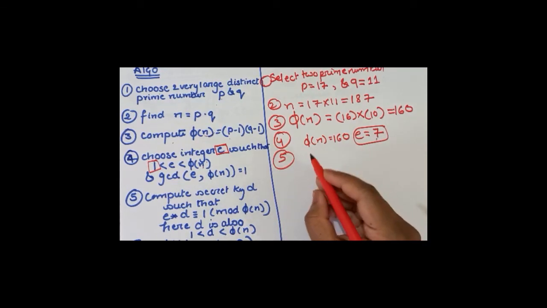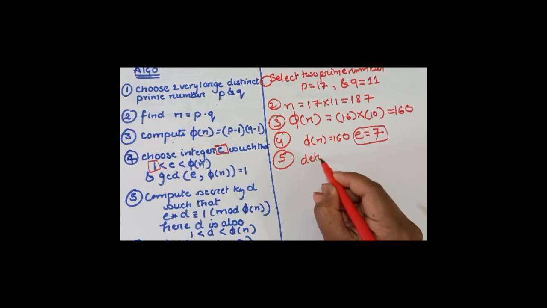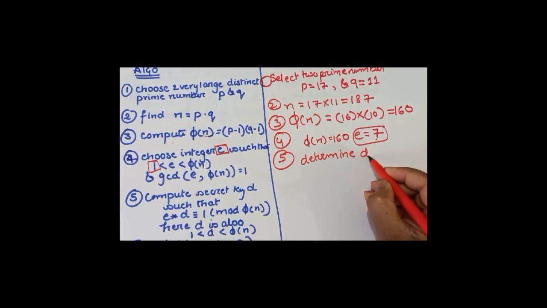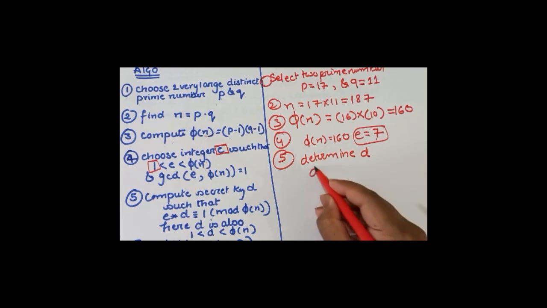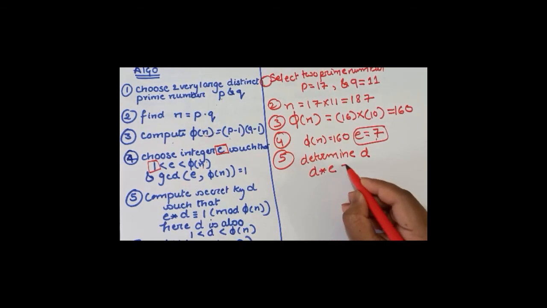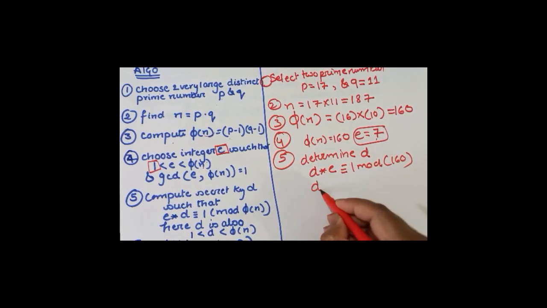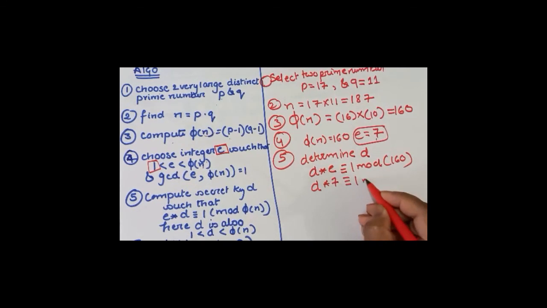After which I will move ahead to determine d. Now how will I determine d? I know my formula: e times d is congruent to 1 mod 160. My e here is 7, as I know.